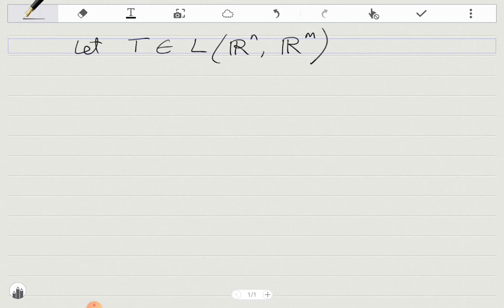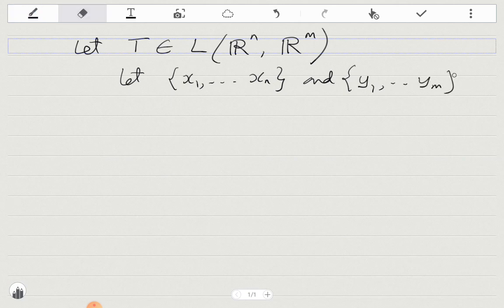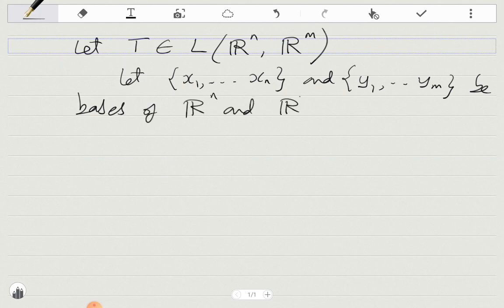So let's, I'll choose a basis here in Rn. Let x1 through xn be a basis of Rn, and y1 through ym a basis of the target space Rm, respectively.